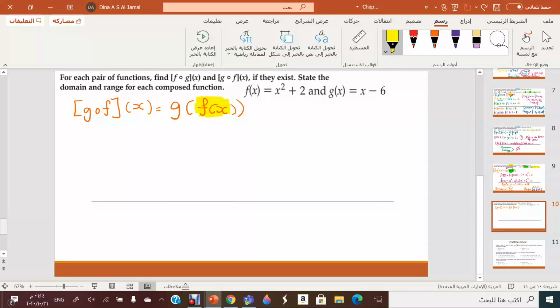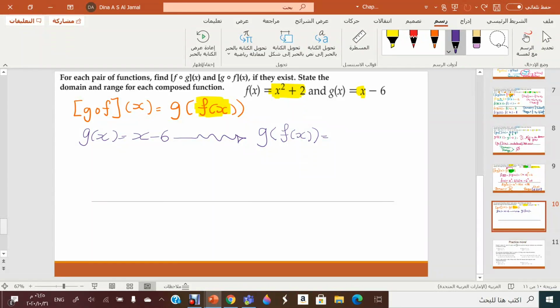So your new x must be f of x. Now let's put our g of x, the old one, and now you have to make changes to take off each x and put f of x.